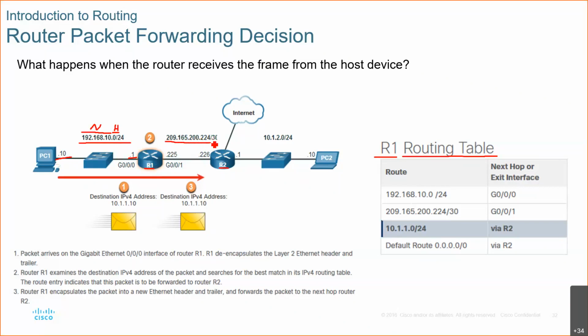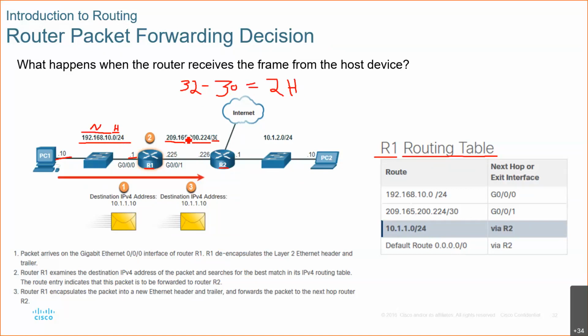This means 30 is for the network portion, and 32 minus 30, that means 2 is for the host portion. How do you divide this? The previous one is very straightforward: 3 octets for the network, the last octet for the host.